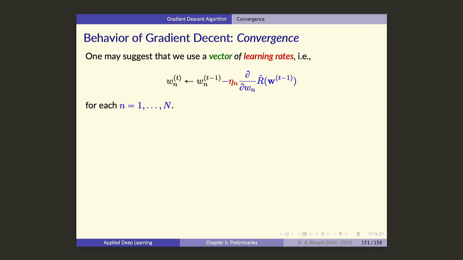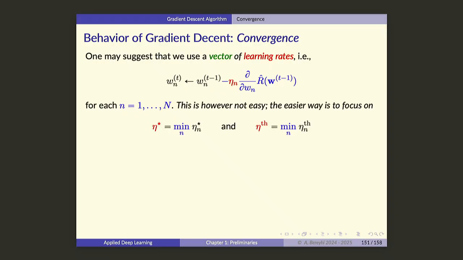So what we do in practice, if we don't want to do any learning rate scheduling, is something like this. We ask what the allowed learning rate is for every single direction. If I really want to end up with that minimizer, I'm going to keep my learning rate below the minimum one.